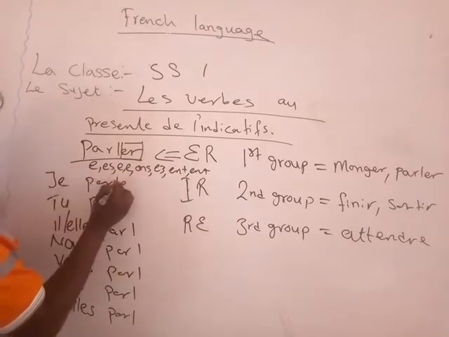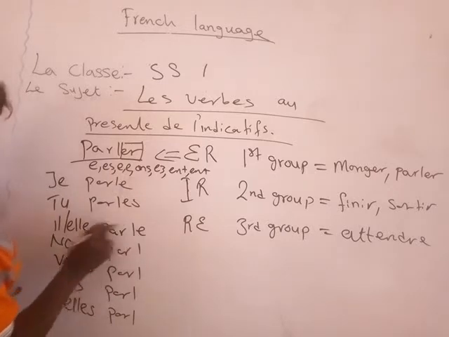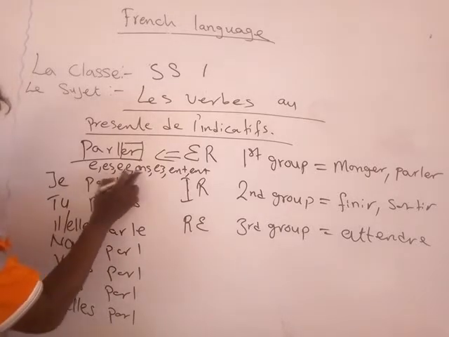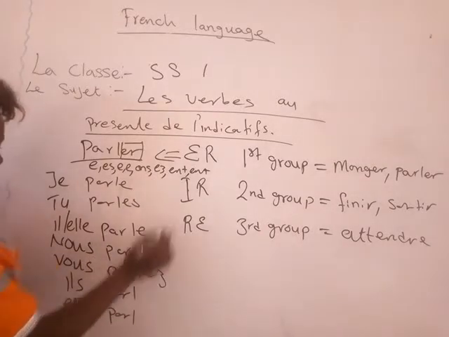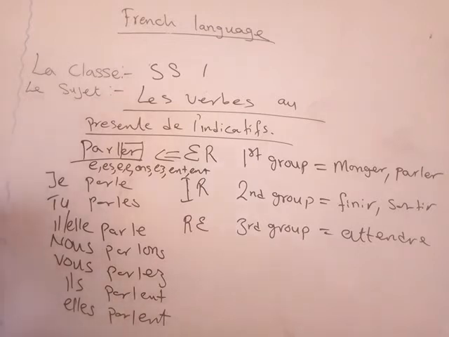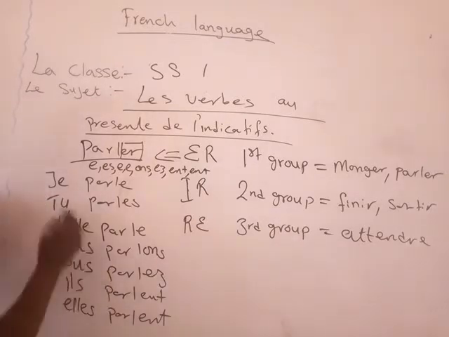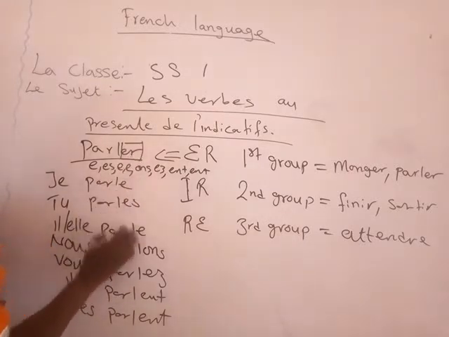The first one is E. The second one is ES. Il and elle take E. Then we have ONS, EZ, ENT, ENT. So this is how we conjugate our verbs in the present tense. Je parle, tu parles, il parle, elle parle, nous parlons, vous parlez, ils parlent, elles parlent. The rule says remove the ER and add the following endings.